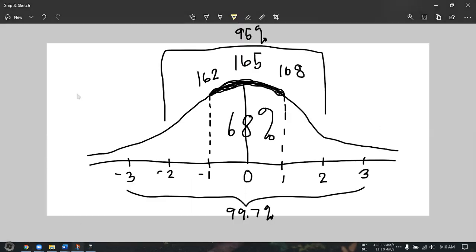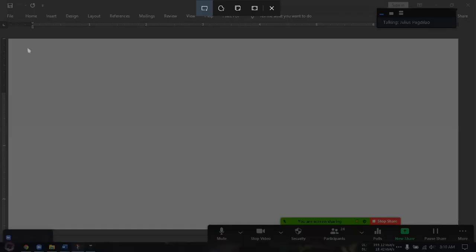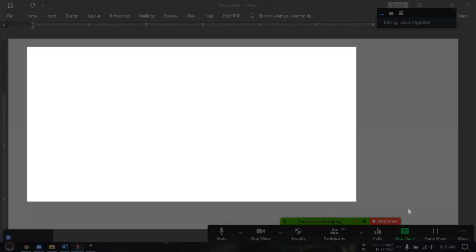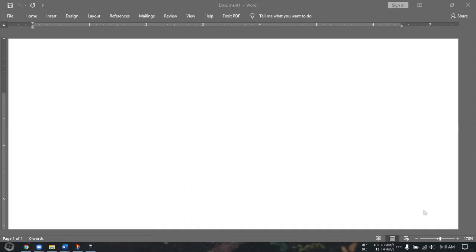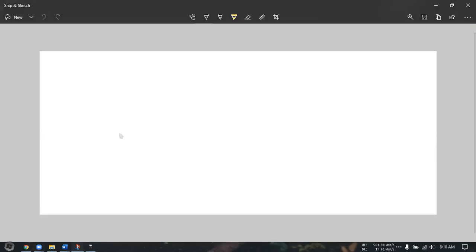After that, we have to illustrate the given. I hope you already took a screenshot of this, since I'll be deleting this. We have the normal curve. This is the heights of CSA students, from the smallest CSA student to the tallest.